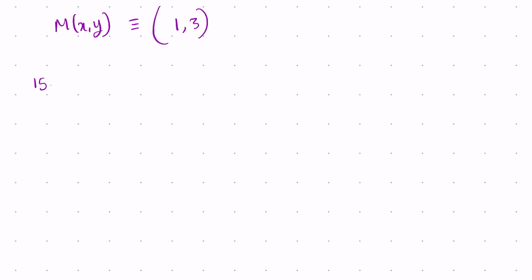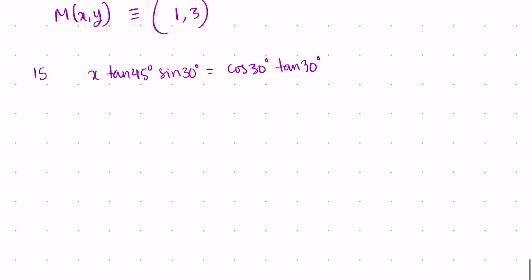What does 15 say? x times tan 45 times sine 30 degrees is equal to cos 30 times tan 30, and I need to find the value of x. Since these are all standard angles, I can just plug in the values. So x times tan 45 is 1, sine 30 is 1 by 2, cos 30 is root 3 by 2, and tan 30 is 1 by root 3.